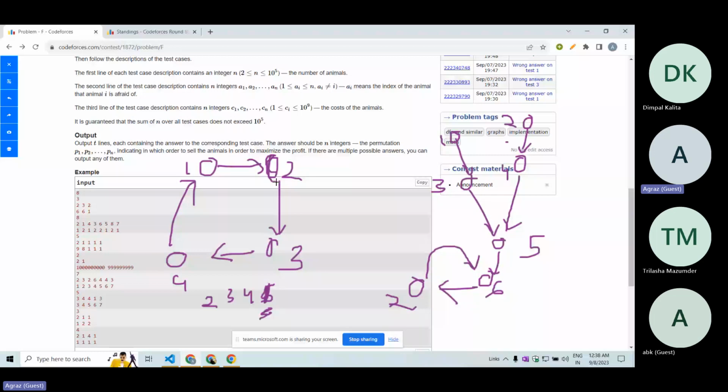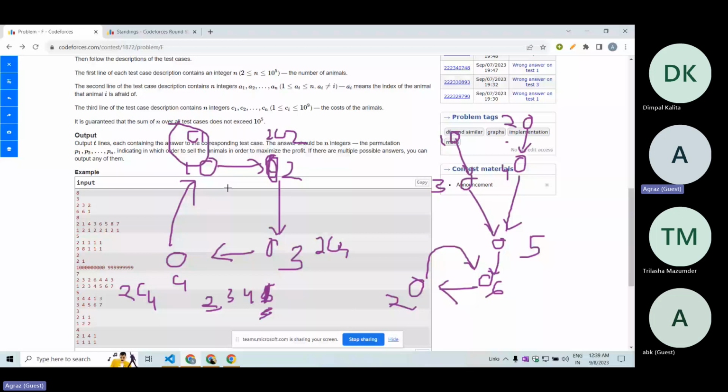So 2 is already gone here. So we can only acquire C of 1 here, but we can acquire twice of C of 2, twice of C of 3, and twice of C of 4. So I have to sacrifice one node. So for the cyclic part, we have to calculate the minimum value and sacrifice that.